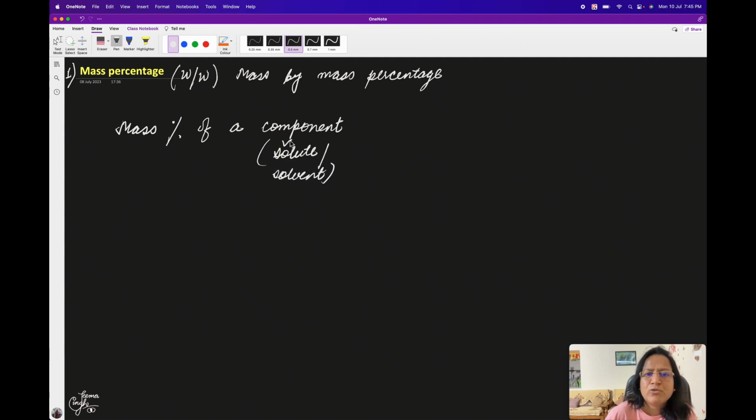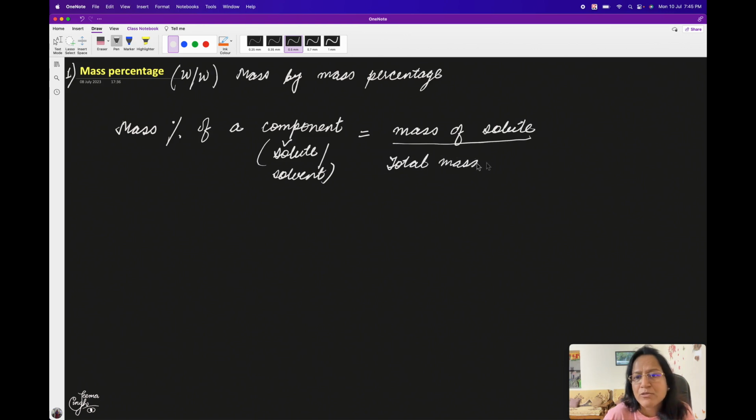We'll first do it with solute. Mass percent of solute is equal to mass of solute divided by total mass of the solution. I'm using a short form for solution as this.